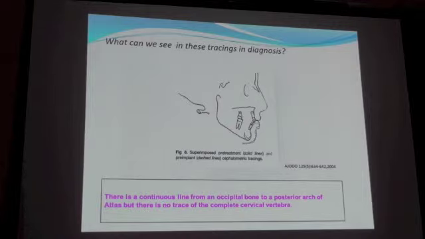This is very interesting: if the occipital bone is connected with the posterior arch of the atlas, we can't move the head anywhere. We're locked. So I think it is better to trace very clearly and carefully, considering the anatomical or functional aspects.